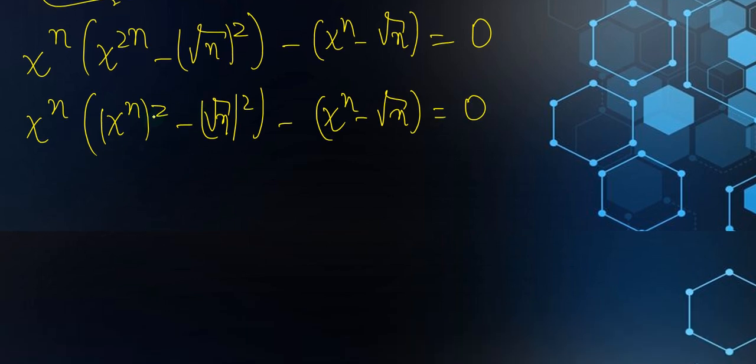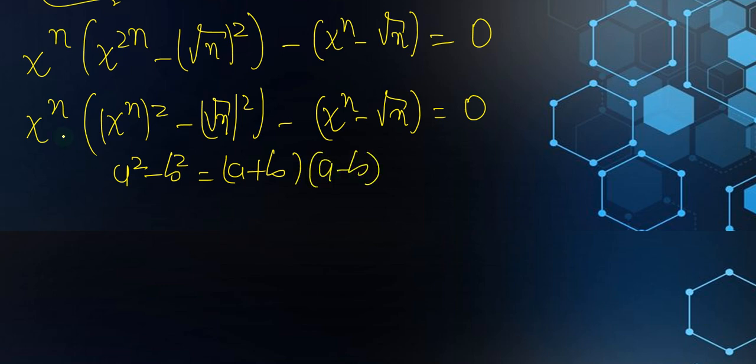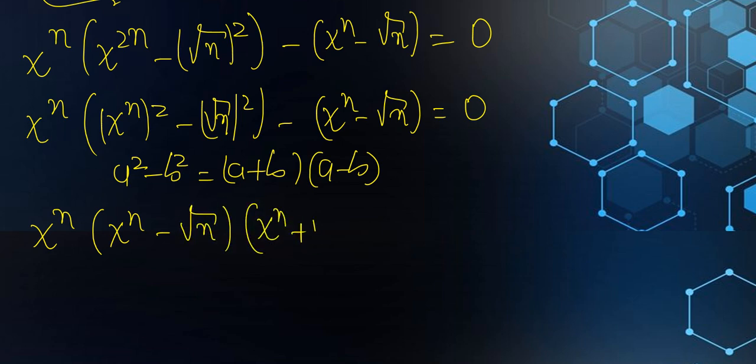Now this is a difference of two squares, something like a squared minus b squared, which is a plus b multiplied by a minus b. So we have x to the n, which multiplies x to the n minus square root of n, which multiplies x to the n plus square root of n, minus x to the n minus square root of n, and this is 0.